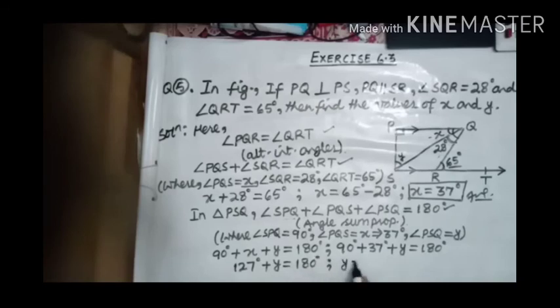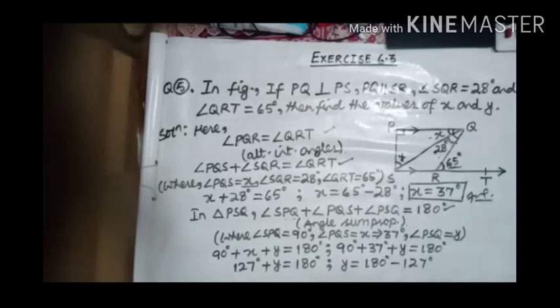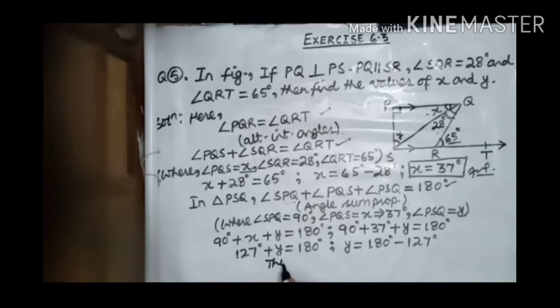Therefore y equals to 180 minus 127. Thus the required value of y becomes 180 minus 127. This is 53 degree. So the required value of x and y are 37 degree and 53 degree.